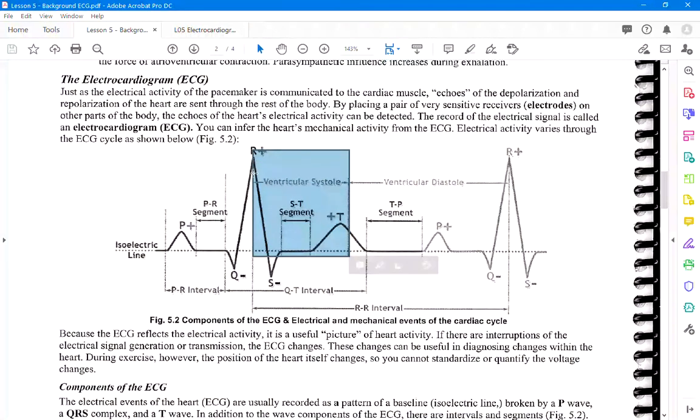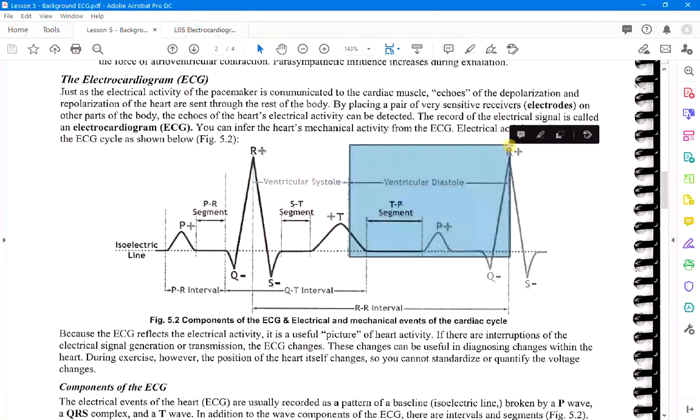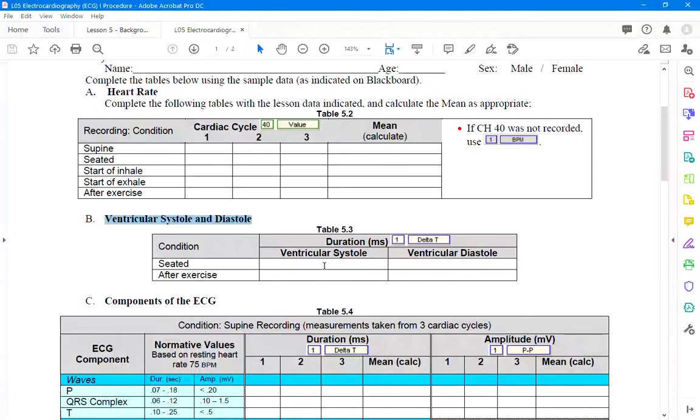So on your recording, you'd record from the R wave to 2/3 of the T wave. Now ventricular diastole, this would go from the back third of the T wave to the next R wave. This would be ventricular diastole. So as you're asked to record your values here for 1 delta, you're going to look at ventricular systole and diastole for both seated and post-exercise.